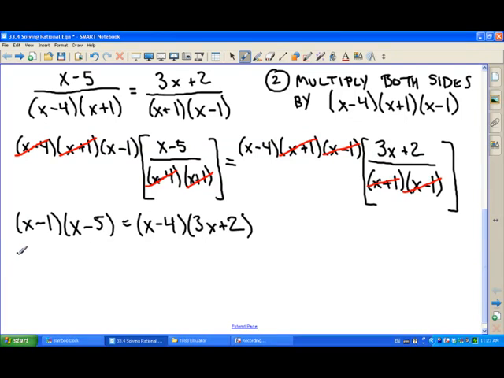Distributing on both sides, I get x squared minus 5x minus x plus 5, and that's equal to 3x squared plus 2x minus 12x minus 8.